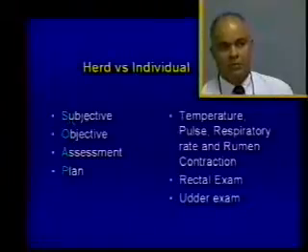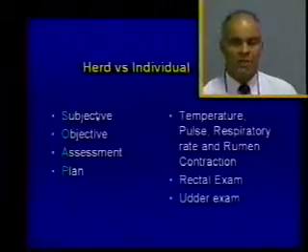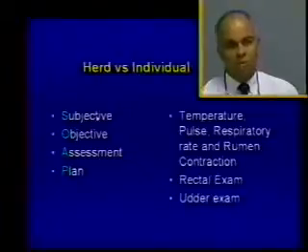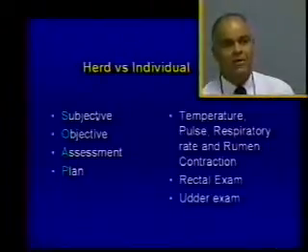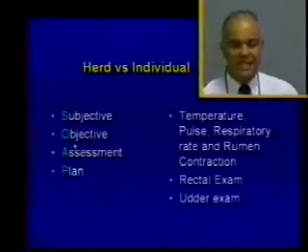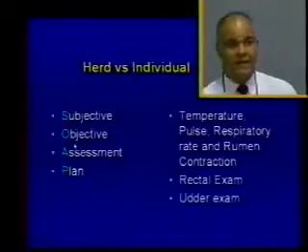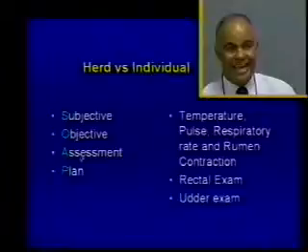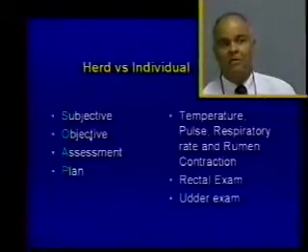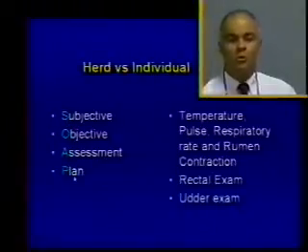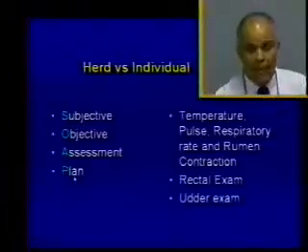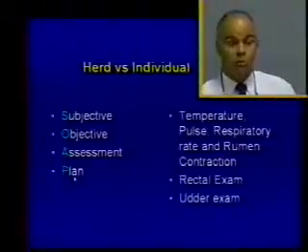S for subjective, that's the history of the animal, the breed, the age, etc. An objective assessment, that's your physical examination, your clinical findings. And then you want to assess the physical findings with the subjective findings and then come up with a plan. So the SOAP approach to small animal and the equine patient also applies in food animal medicine.